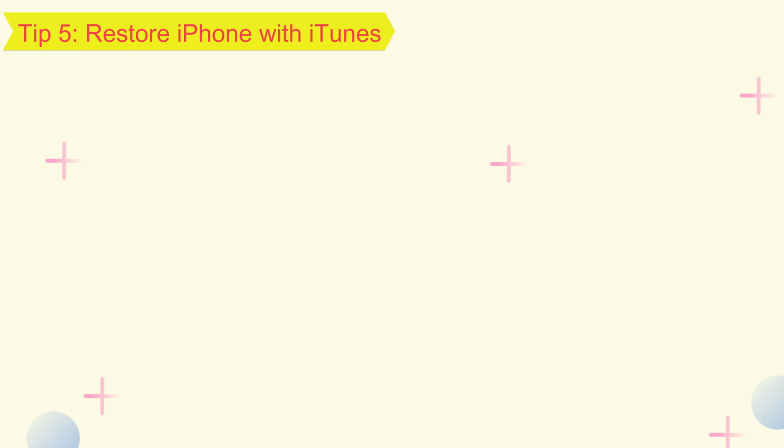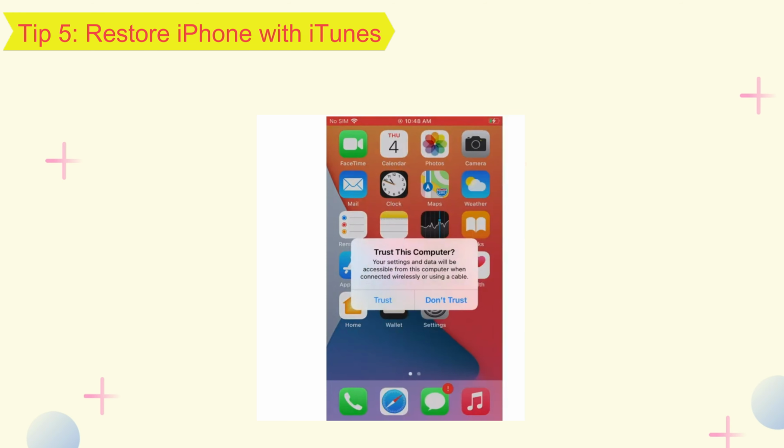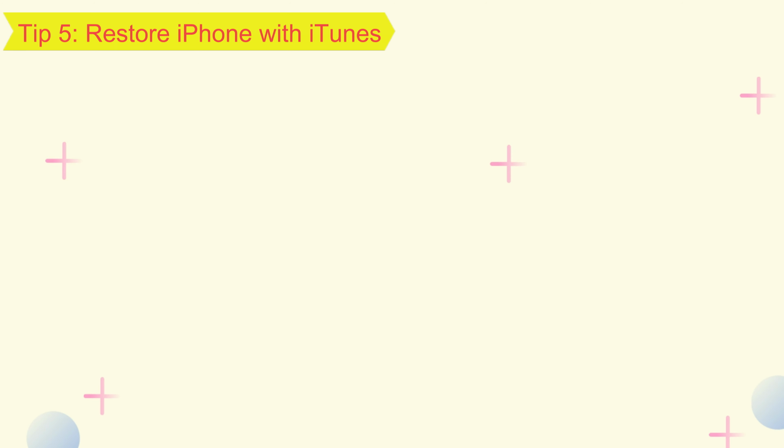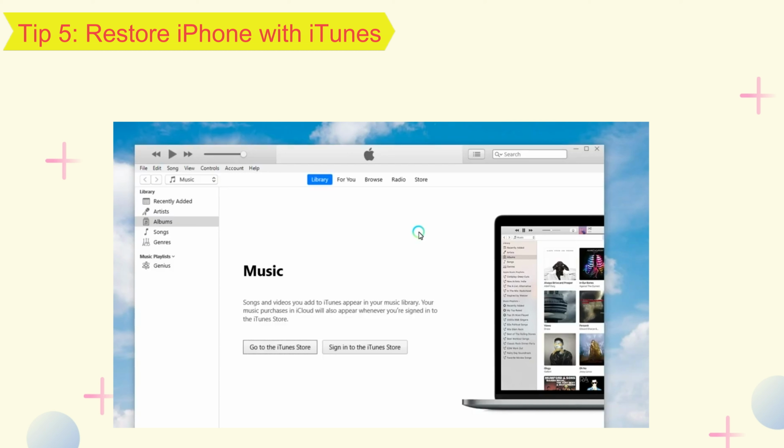The fifth solution, restore your iPhone using iTunes. Connect your iPhone to a computer using an Apple-approved USB cable. Tap the volume up button and quickly release it, then do the same thing with the volume down button. Press and hold the side button for about 5 seconds. Activate iTunes on your computer.